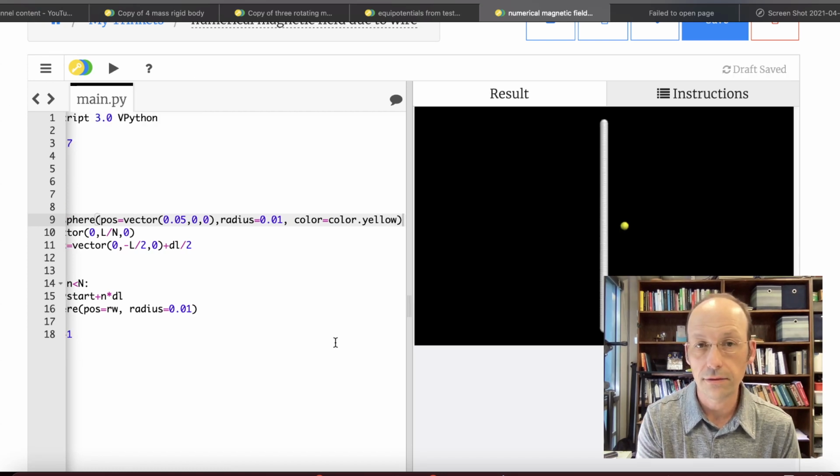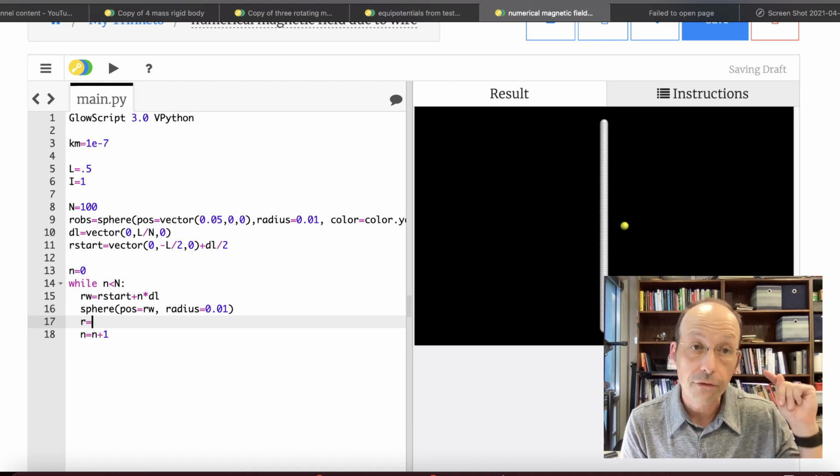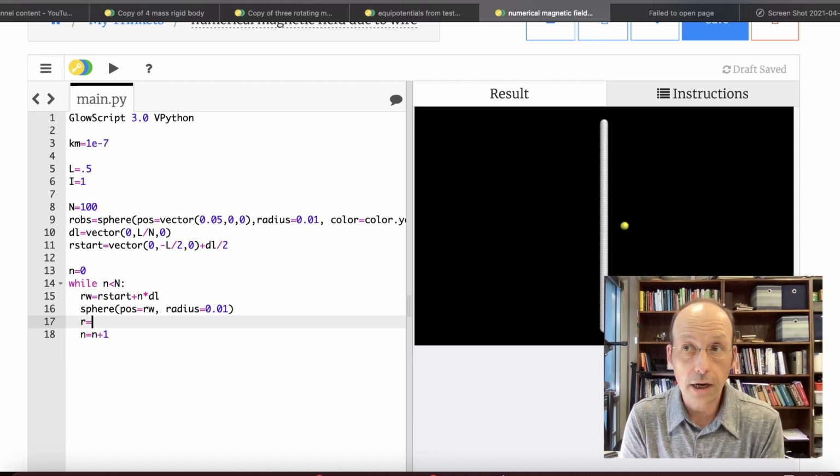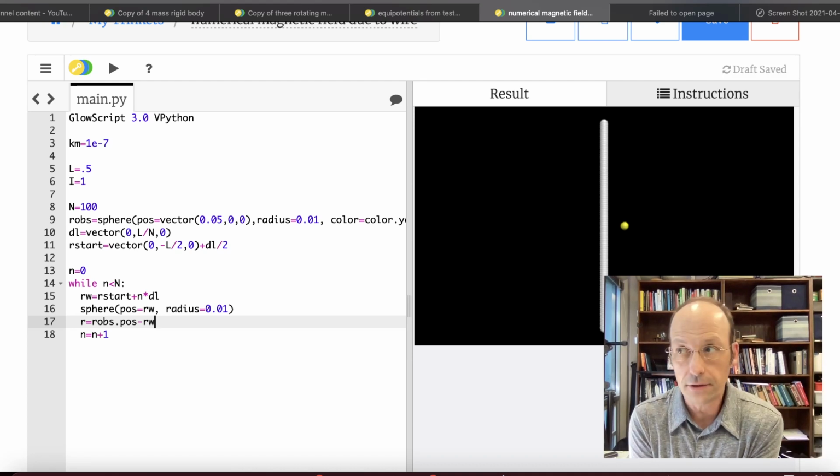Yeah, there it is. Okay, that's fine. Kind of closer than I expected, but that's fine. So now I'm going to say R is the vector from the wire to the observation location. So that would be ROBS.POS minus RW. Remember, RW is just a vector. So that is my R value.